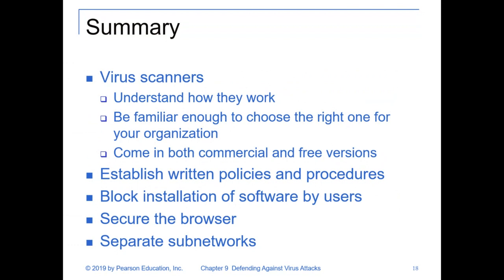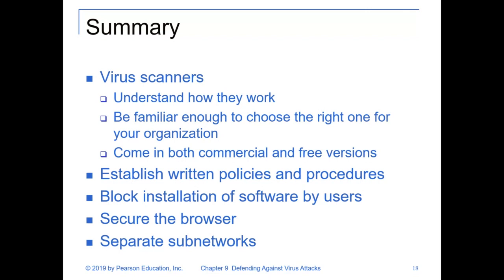Also, establish written policies and procedures. It's very important that you have policies and procedures defined and written, and also that your users are trained on them. Your users should know not to click on links in email and not to download files in emails. That is something that should be written in the policy and the users trained on. Also, remember the principle of least privilege.